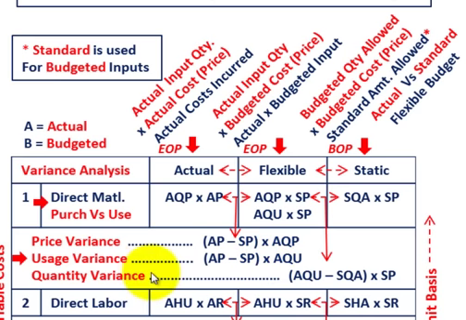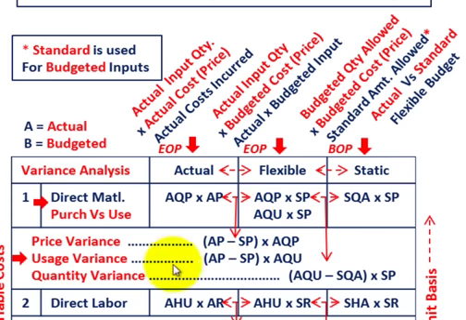For our quantity variance, we're dealing with our flexible and static amounts. We take the difference between the actual quantity that we've used and the standard quantity that's allowed for the product. That difference is times the standard price, because both the flexible and static budgets use the standard price.